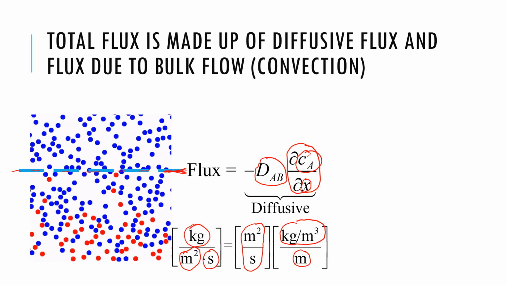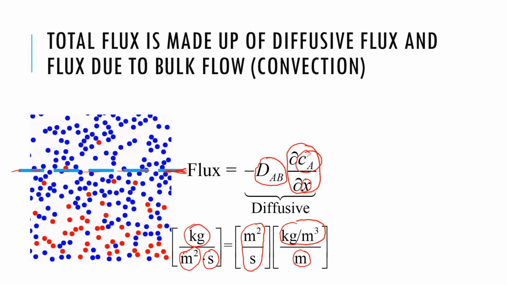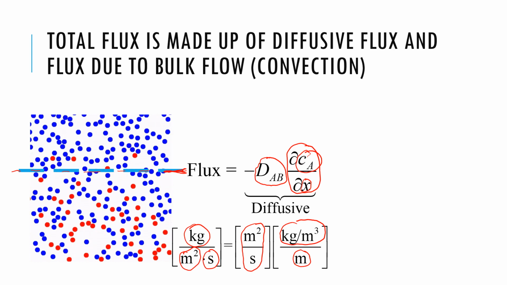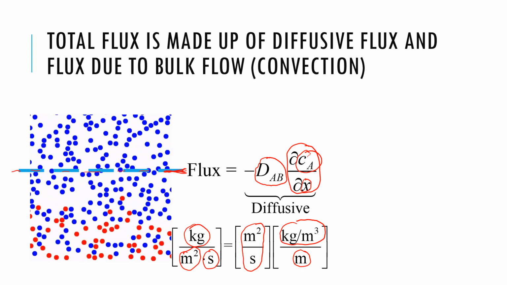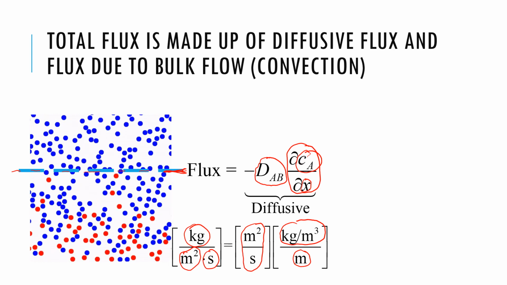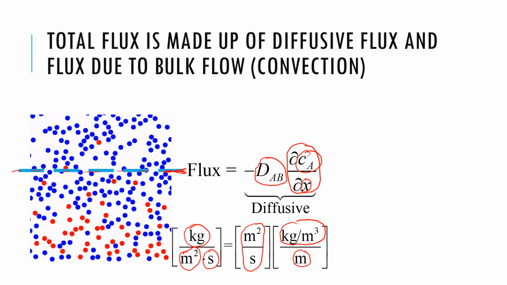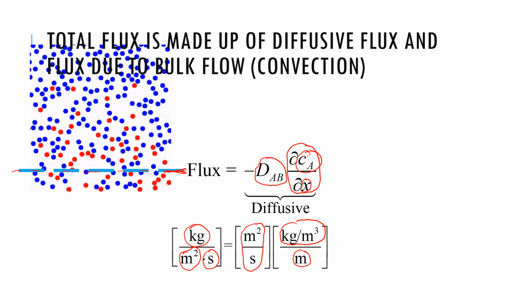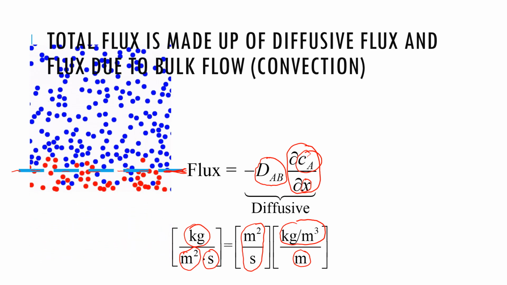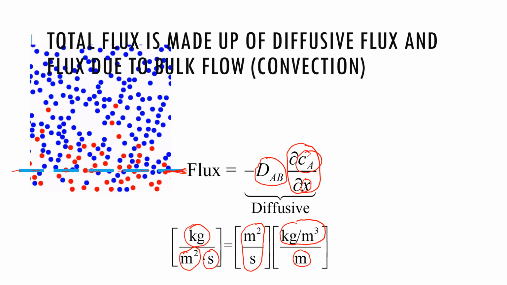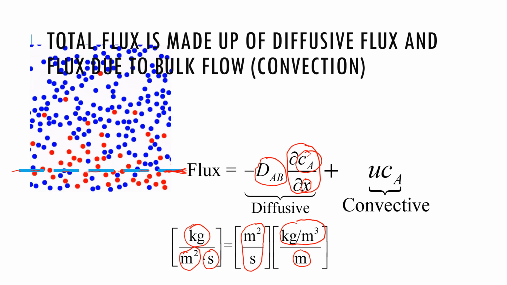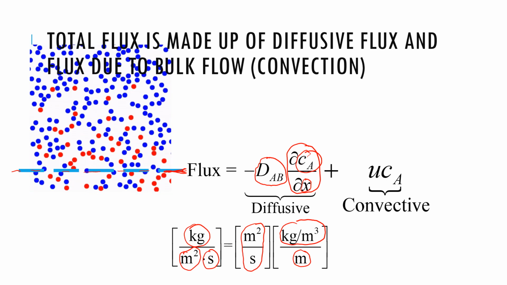At this point, the way you see the animation, all you have is diffusive flux. However, the gas can move as a bulk, and that would look something like this. That is on top of the diffusion. Diffusion didn't go away. And that flux is the convective flux.